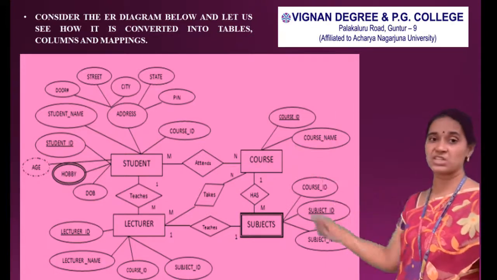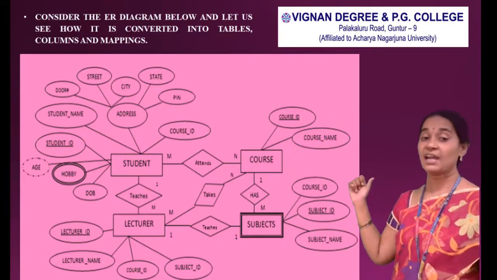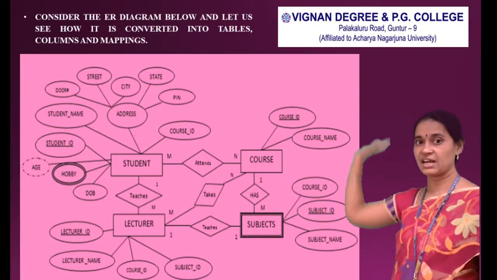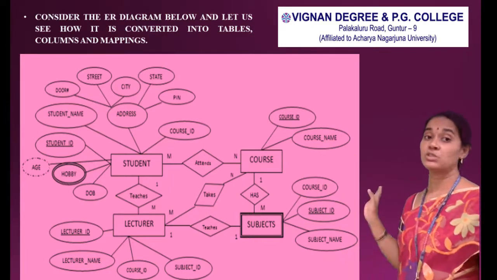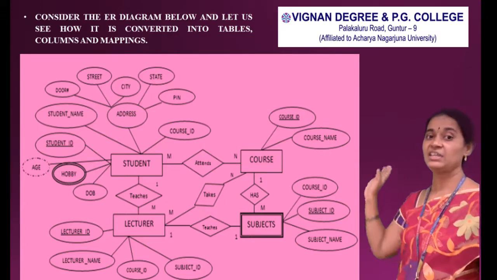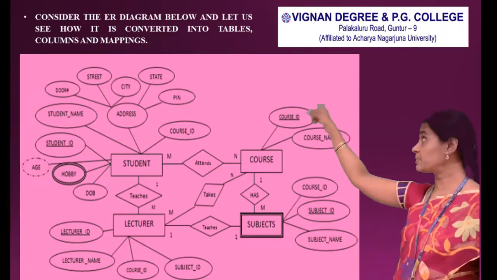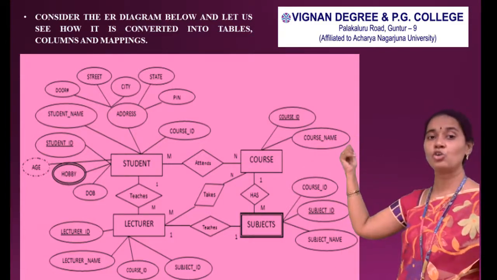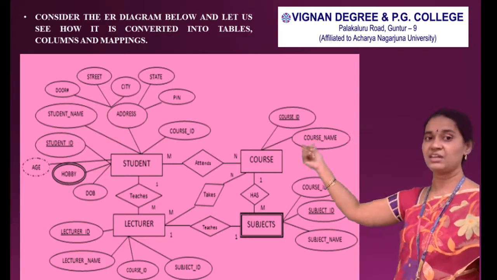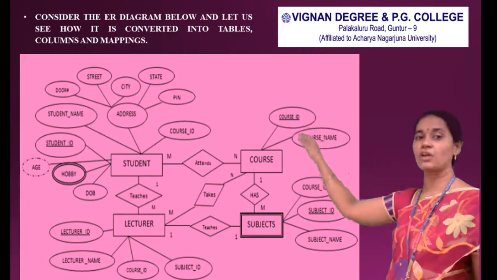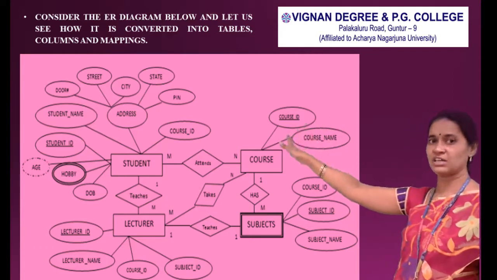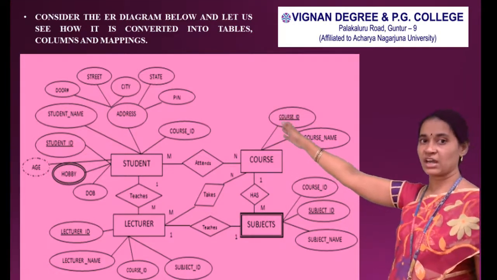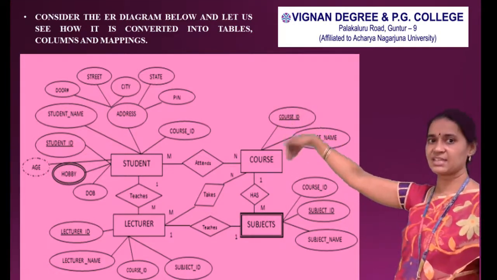These are the four major entities which I have considered, and if we observe the diagram carefully, surrounding these four entities there are various attributes which are represented in ovals. Anything surrounding the entity which is represented in an oval is considered an attribute. For every entity there are its own attributes. For example, in the student entity, I have student number, hobbies, age, student ID, address, etc. as the attributes.